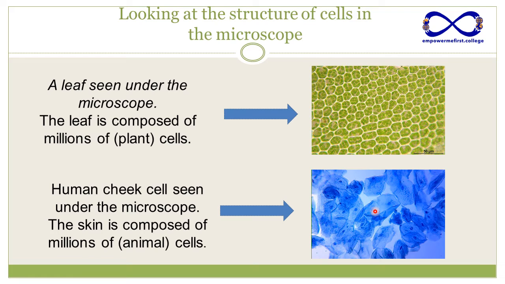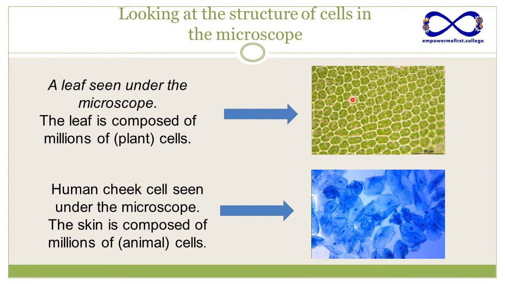Okay, and I just put this slide because generally this is something that we cannot see with the naked eye, but when we investigate a tissue, like for example a leaf or human cheek cells under the microscope, we can easily identify all the characteristics that we studied.